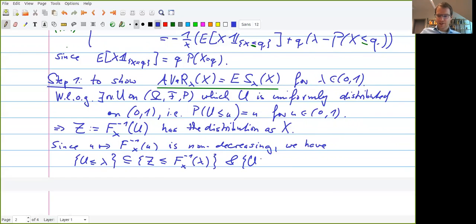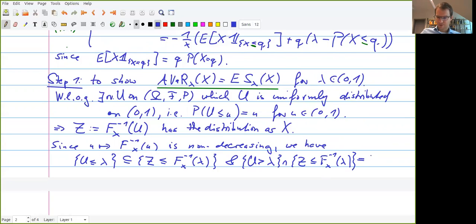All right, second observation: if you want to understand what is in there but not in there, we consider the event that U is strictly bigger than lambda, but Z is still less or equal than the inverse of the distribution of X applied to lambda. So this includes elements which are not in here, but in the second set.